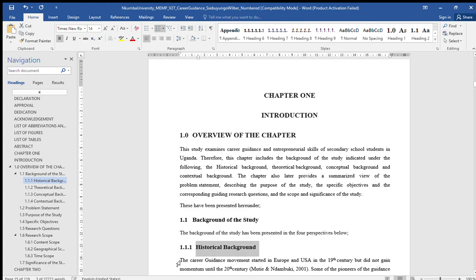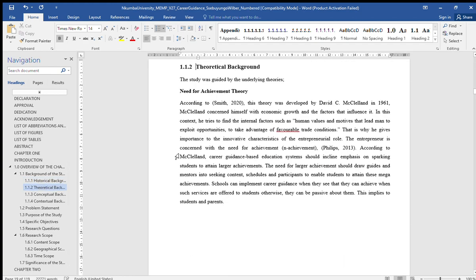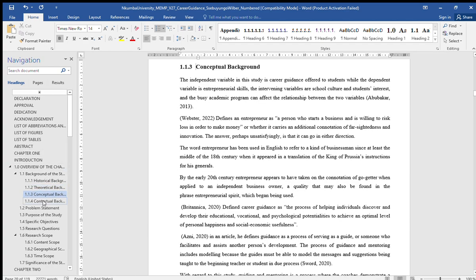Historical. That's why it is 1.1.1. Then after that, you have the theoretical background. That comes after historical background. Take note of that. Then that is why we're calling it 1.1.2. Then you have the conceptual background, that's 1.1.3.